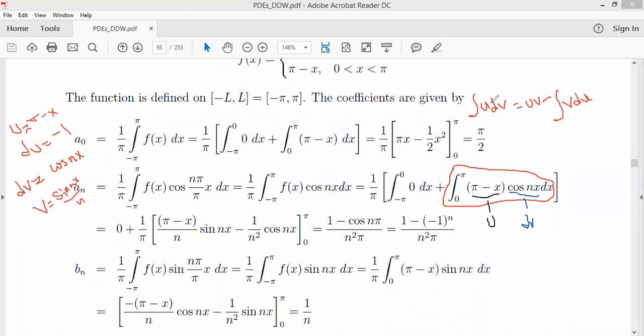Now we are looking for u and v. The u is pi minus x, and then the v is sin nx over n.